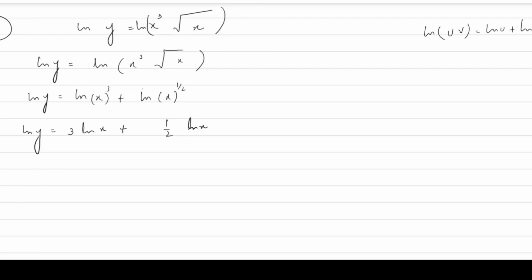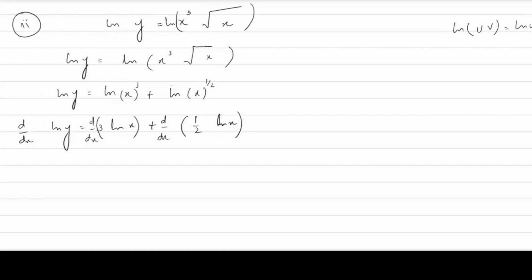Taking derivative on both sides of the equation, so it would be 1 upon y dy by dx, and here 3 is coming out as it is the coefficient of ln x, 1 upon x, and derivative of x would be 1, plus 1 upon 2 into 1 upon x.